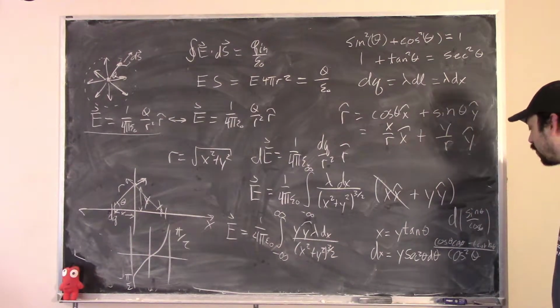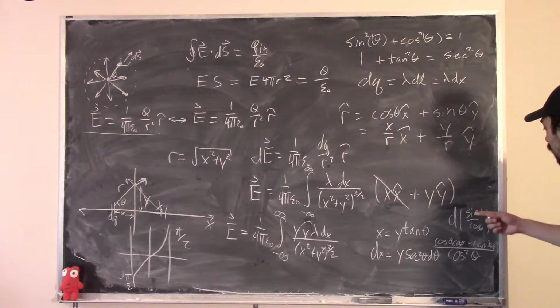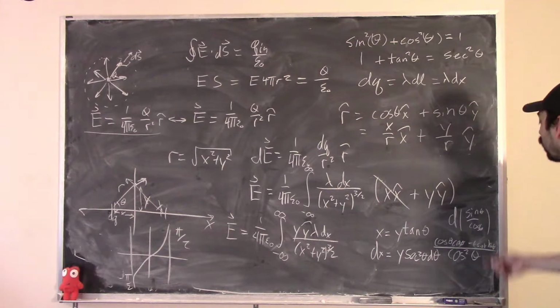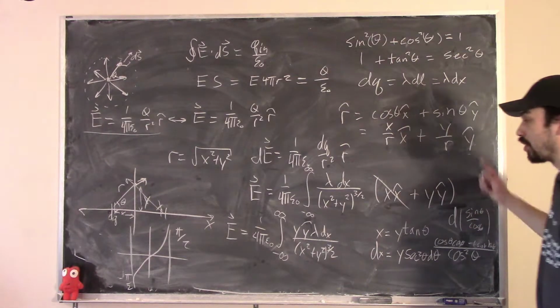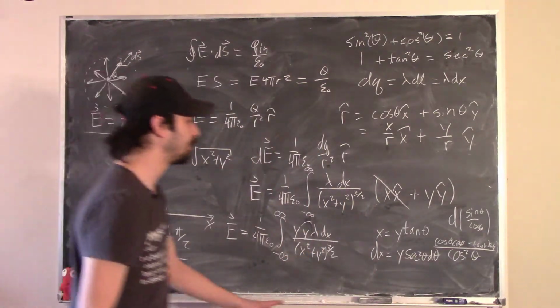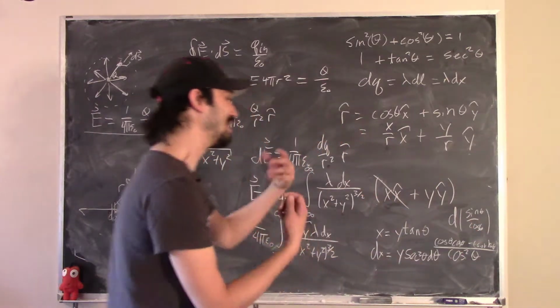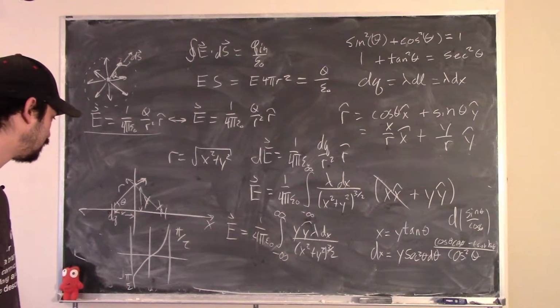What happens when this goes to pi over 2? This is going to give me a 1 divided by 0, which goes to infinity, and then when it goes to minus pi over 2, it goes negative 1 in the numerator and 0 in the denominator, so that one's a negative infinity, effectively.